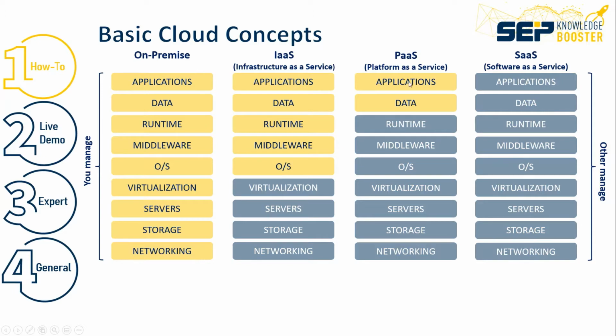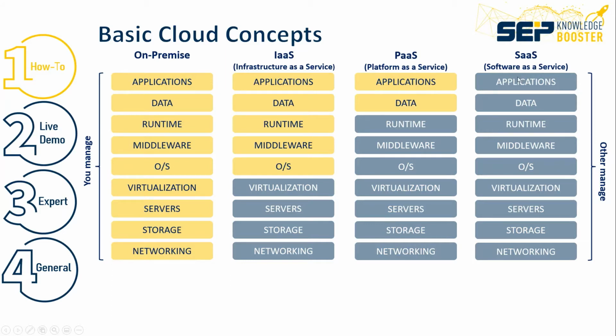And in the next step, you have platform as a service, PaaS, which means that the provider also takes care of the operating system, which helps in terms of updating the operating system, installing patches, firmware, middleware, and so on. And you only have to take care of the applications and the application's data.